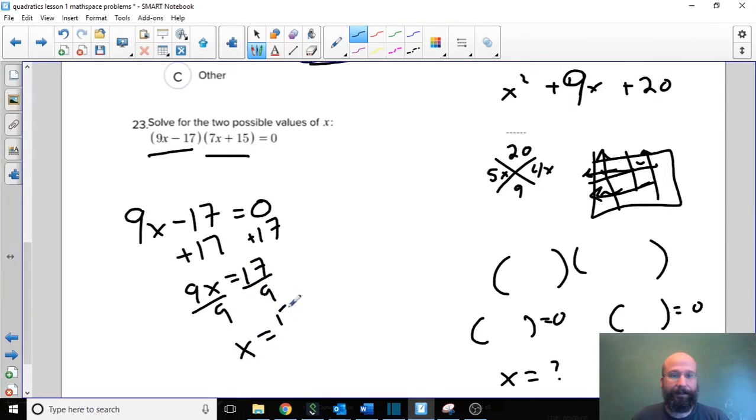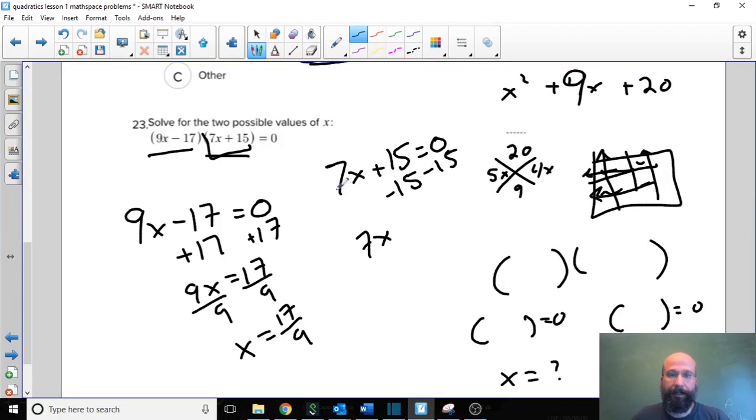X equals 17 divided by 9. That's one of them. And now you would take this binomial, 7x plus 15 equals 0. Set it equal to 0, and then solve for x. Minus 15, minus 15. 7x equals negative 15, divided by 7.